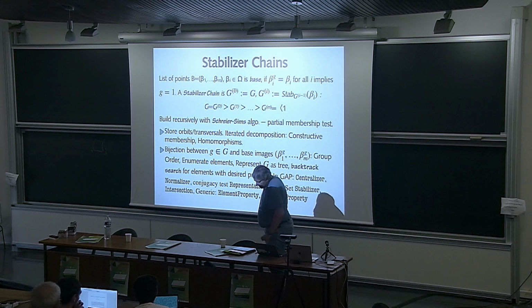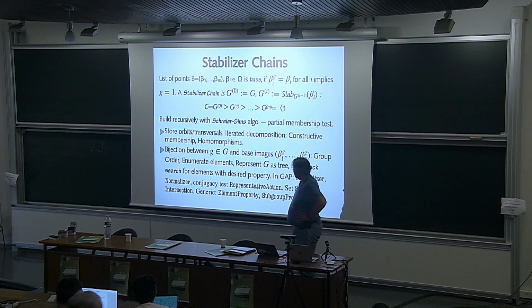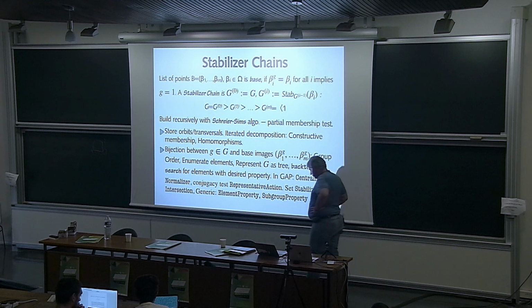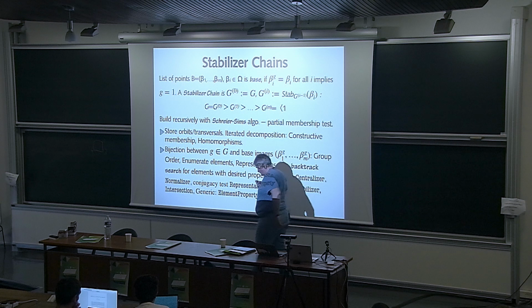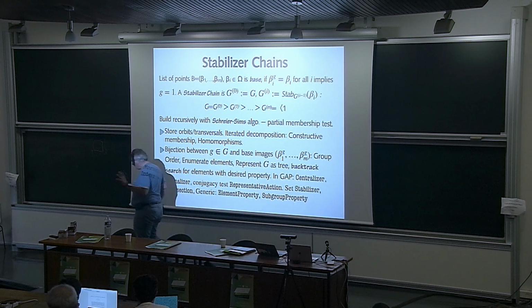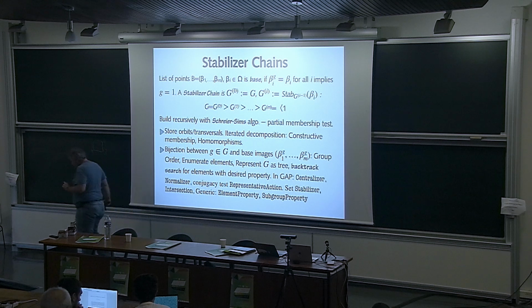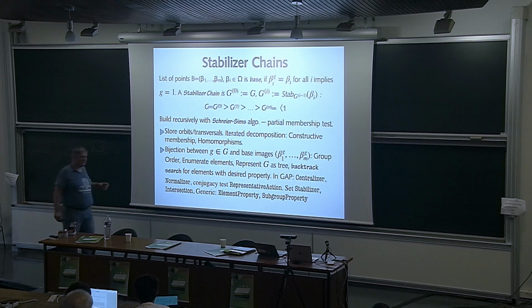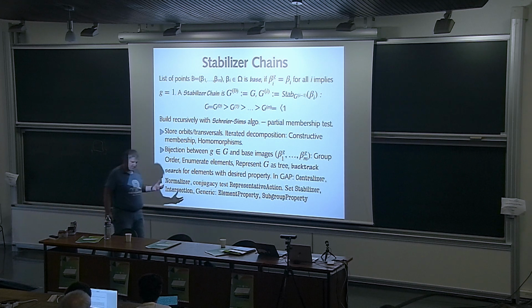I can build such a chain recursively through what I mentioned before, the Schreier-Sims algorithm. I didn't want to write it out in detail because that is a ready implemented algorithm, whose innards you probably never really look at but will just use as a tool.